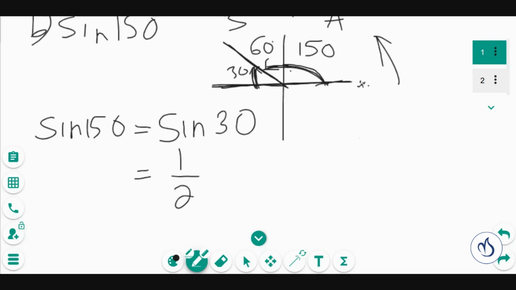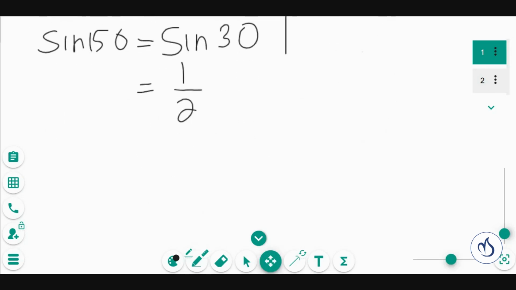Let me take one more example, which is going to help us understand clearly. I'm going to also measure the sine of 210. We had said we take the cosine, but let's take the sine of 210.